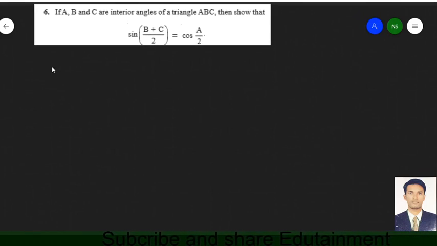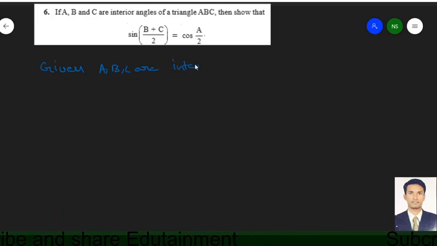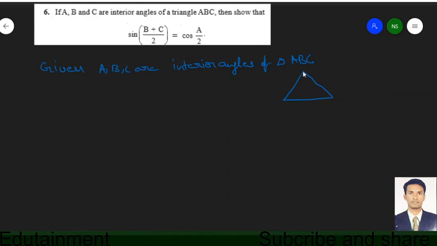A, B, C are interior angles of triangle ABC. If we take a triangle ABC, these are the angles.